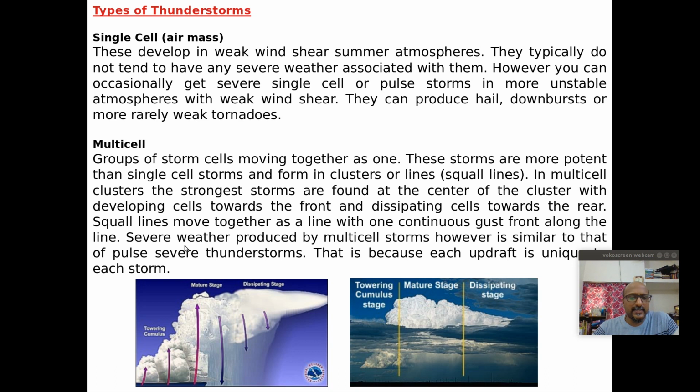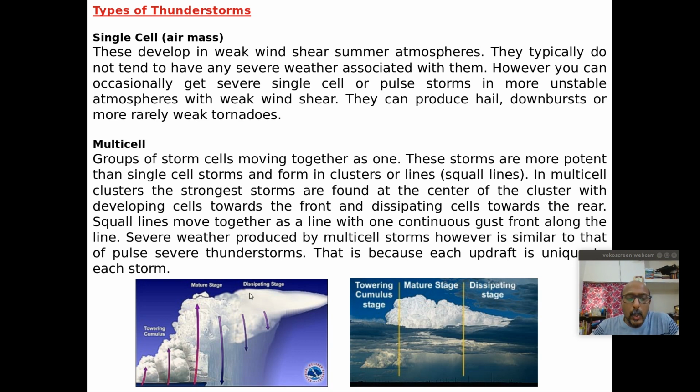Multi-cell storms, as the name implies, are not an individual storm. They come in a group, with each cell passing through a different life cycle. Some of the cells may be at the dissipating stage, some in the mature stage, another in between, another in the cumulus stage, another just at the genesis stage.